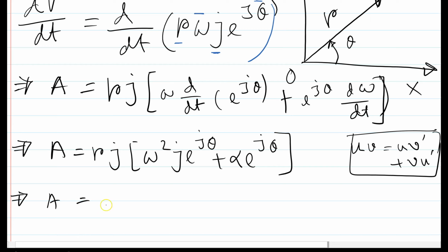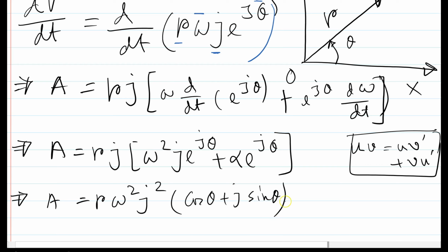The equation becomes r omega squared j squared (cos theta plus j sin theta) plus r alpha j (cos theta plus j sin theta).